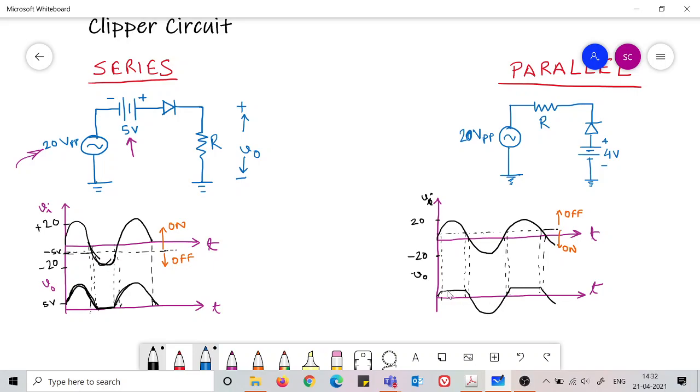Okay, I had not taken the bias at 0, so that is something I did not do correctly.